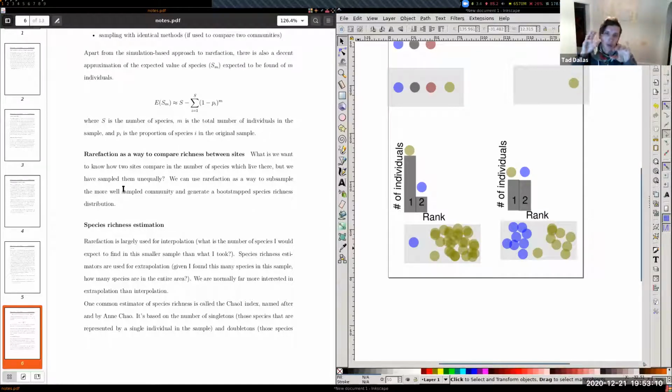If I only can sample 100 individuals, which is the sampling that I've done in this other site, and I think these sites are equal, I randomly pull 100 individuals from this site and then compare it to the observed richness in this site. So that's a way to compare species richness between two sites that are unequally sampled.